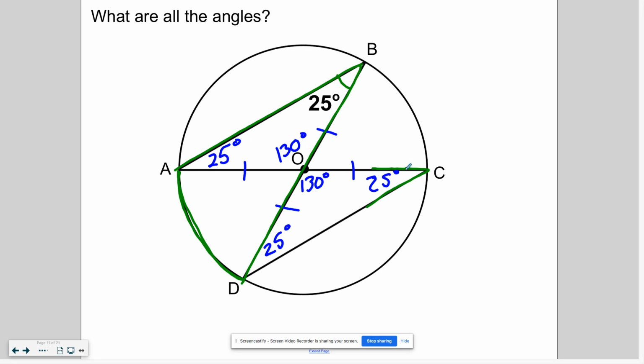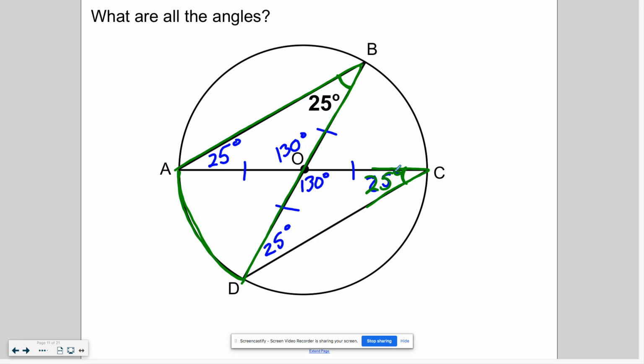So this angle has to be the same as the one we had over here because they subtend the same arc. So I could have gone from 25 that I knew to 25 here right away. Now, in the end, it wouldn't have mattered in this problem, but in other problems, it's important to notice those kinds of things because that might be the only way to do it. But here we have options.